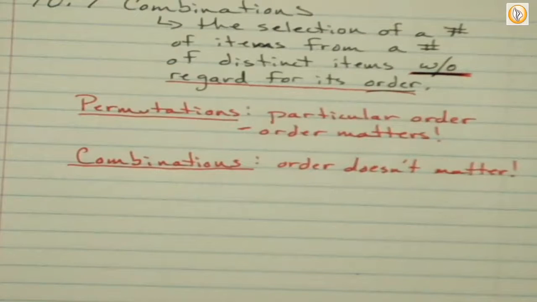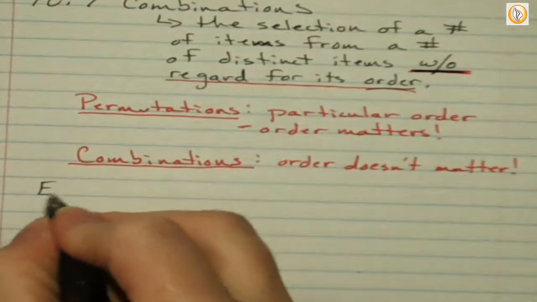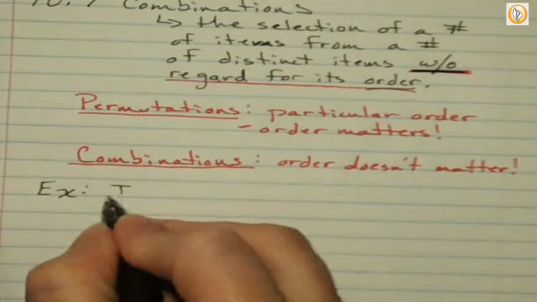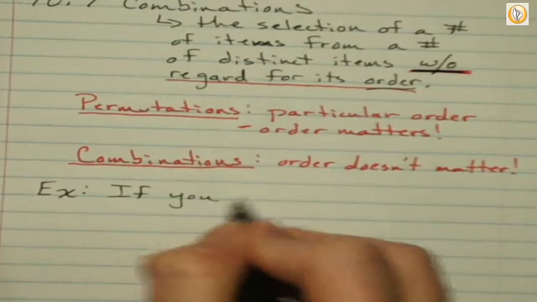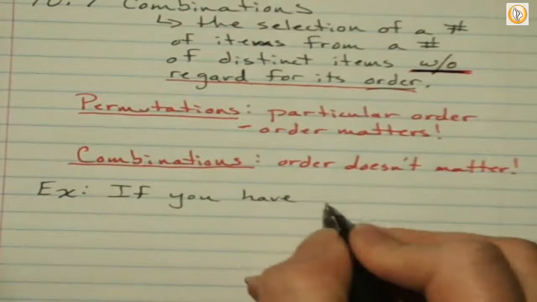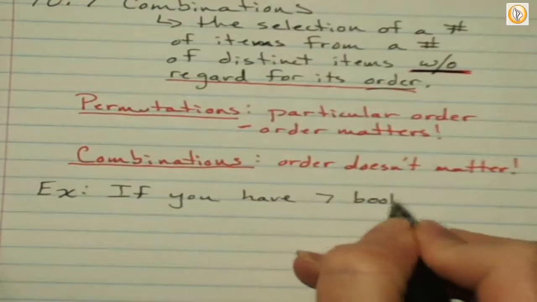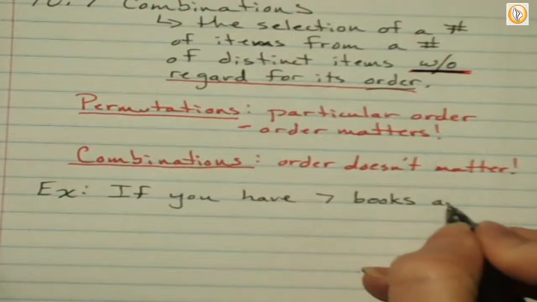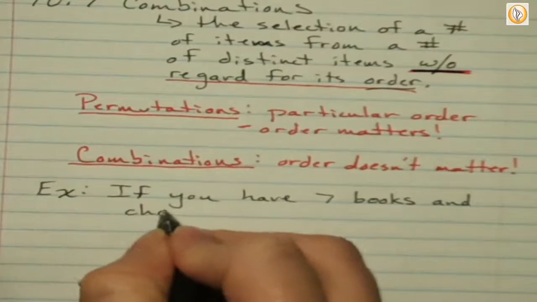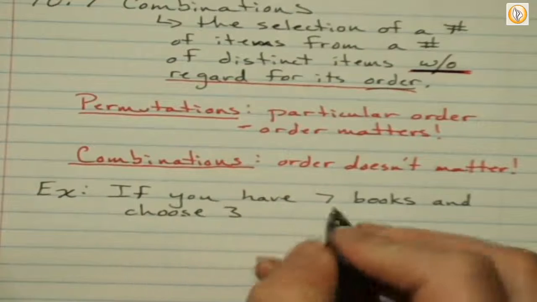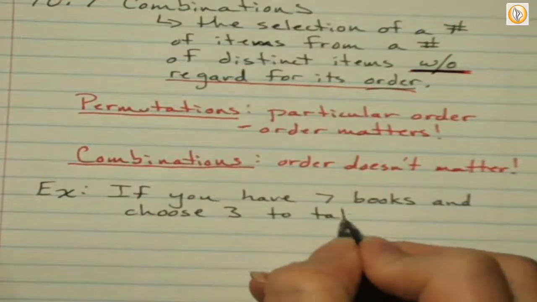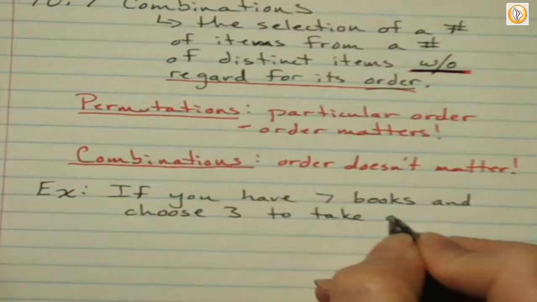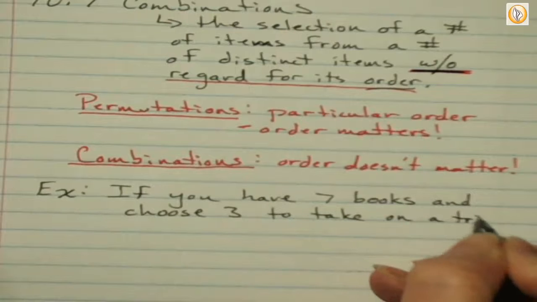Okay, so an example would be if you have 7 books and choose 3 to take on a trip.